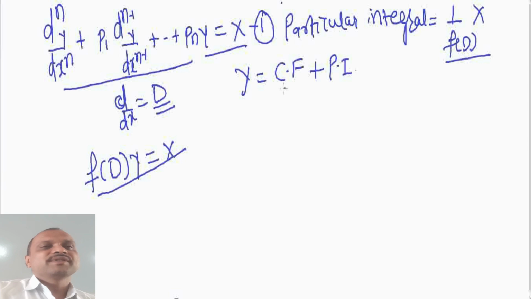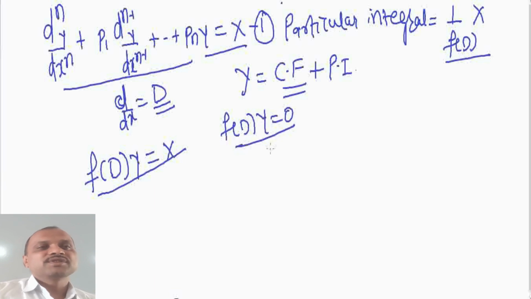The complementary function is nothing but the solution of the equation f of D operating on y equal to 0, when the right hand side of this equation is 0. And to find the particular integral, we have the operator 1 divided by f of D operating on x.